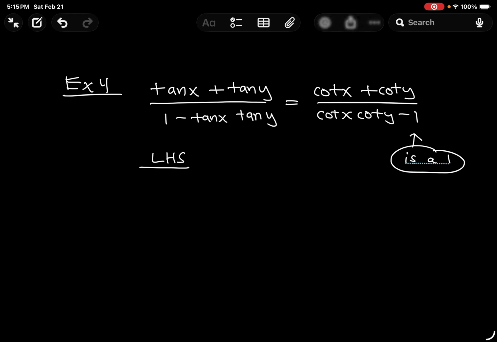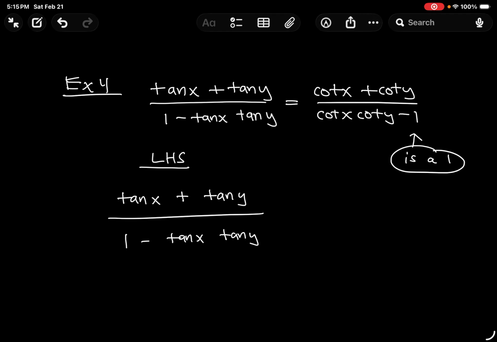And so what you can do is look at your expression here on the right side and ask yourself, well, how do I turn this term right here into a 1? Well, if you think about it, if I just multiply by 1 over tan x tan y, that will make that whole expression into a 1, right?